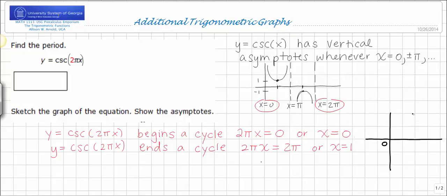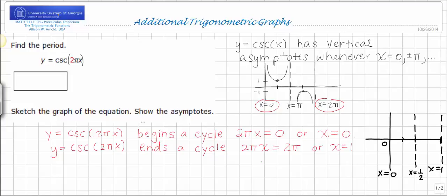From x equals 0, and I will make this x equals 1, our beginning and our ending asymptotes, halfway in between at x equals 1/2 is our middle asymptote.